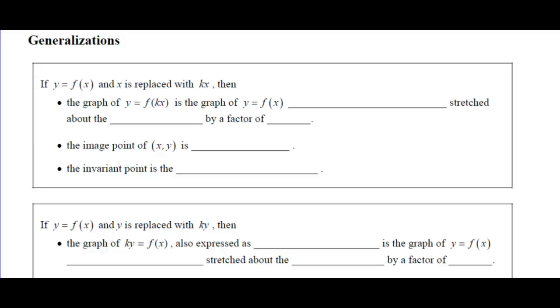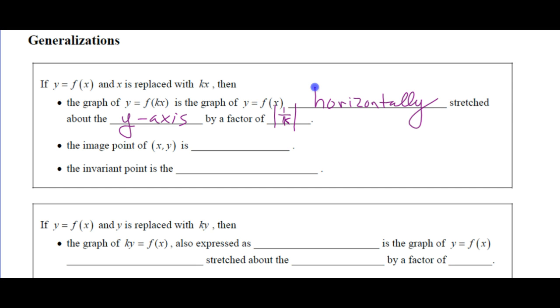So if x is replaced with kx, then the graph of y equals f of x is the graph of y equals f of x horizontally stretched about the y-axis by a factor of... Okay, and we're going to add one more thing to that, because we know that if x were replaced with negative x, there would be a reflection. So we're just going to say it's by a factor of the absolute value of 1 over k.